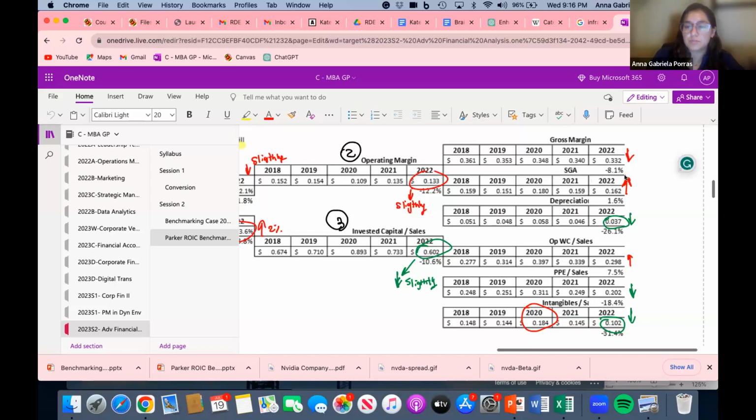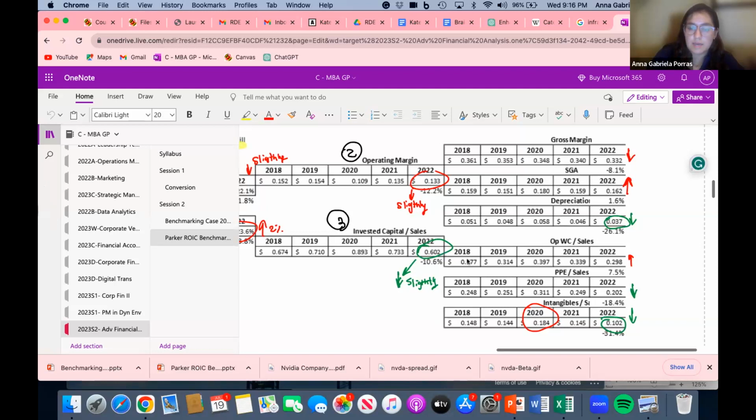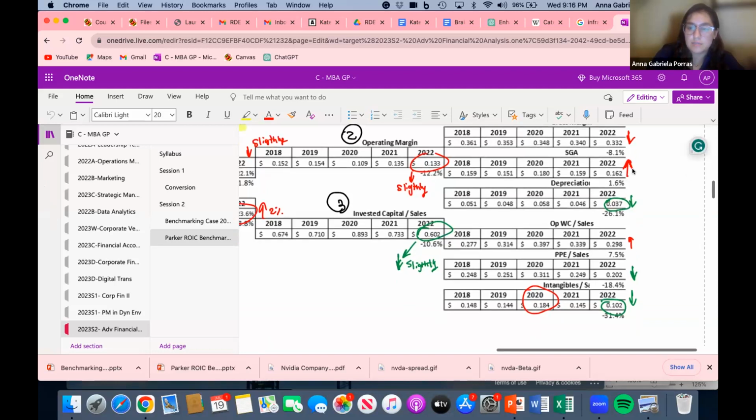So again, gradual decrease. SG&A expenses go up a little bit, by 1.6%, and then offset a little bit by smaller depreciation, at 0.037 compared to 0.51. So that's what leads to the operating margin. And then looking at the invested capital, you can see with the red and the green, red being drivers of bad performance versus green driving good performance.